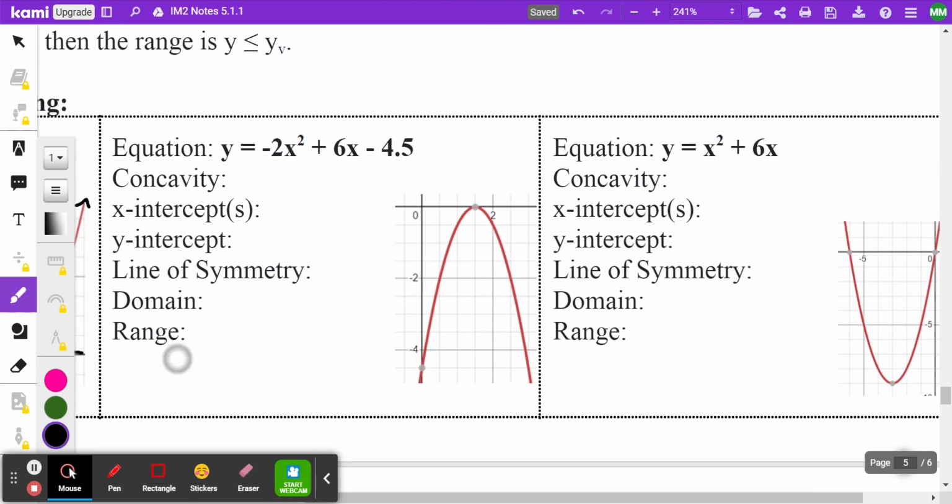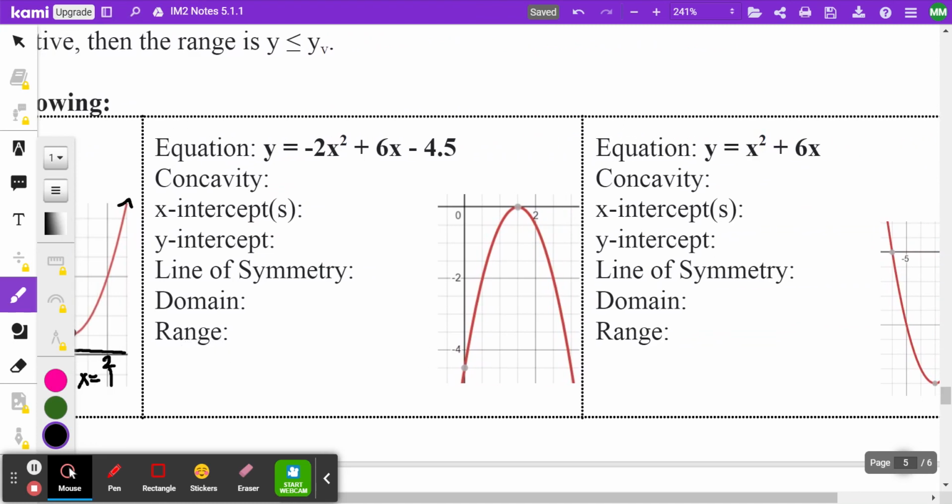Okay, next. A new equation. This is concave down for the graph y equals negative 2x squared plus 6x minus 4.5. I see only one x-intercept. It's at, let's see, this is about 1, so that's 1.5. 1.5 comma 0.